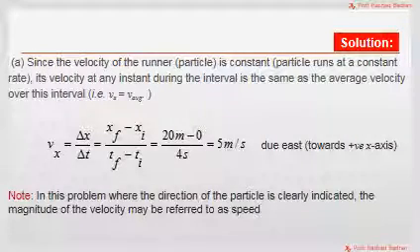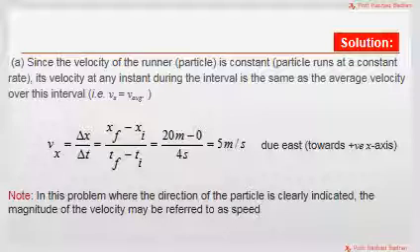Since the runner runs at a constant rate, its velocity is constant. So in this case, the average velocity is the same as the instantaneous velocity. The initial position of the runner is 0, it starts at the origin, and the initial time will also be set equal to 0.